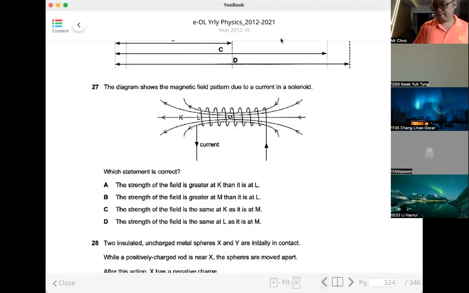Do question 27. Tell me A, B, C, or D, and I'll go to drink some more water. Okay, Yiting, Xiaoxing, Oscar, and Ryan, all correct.